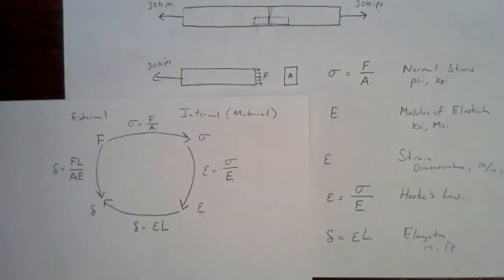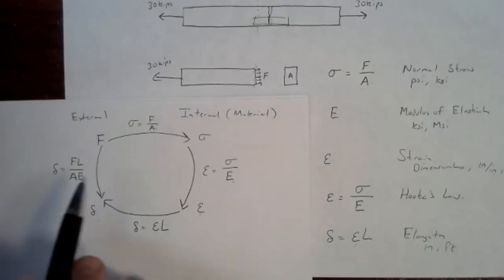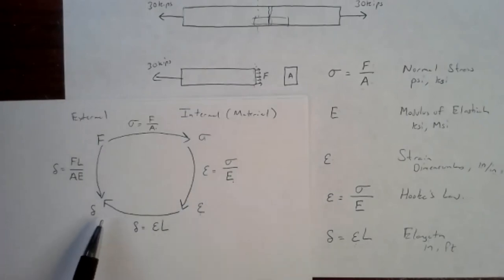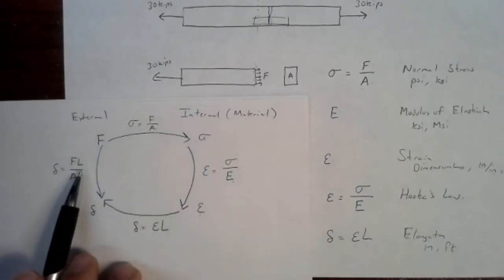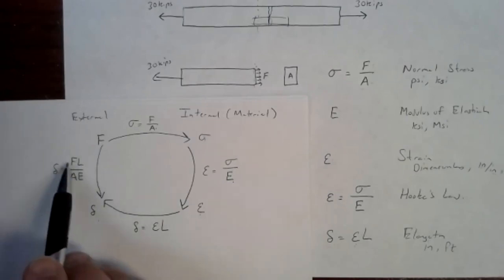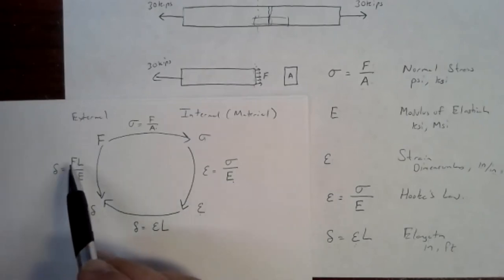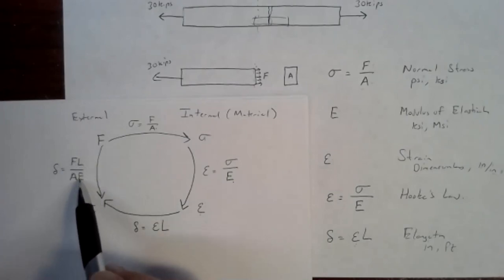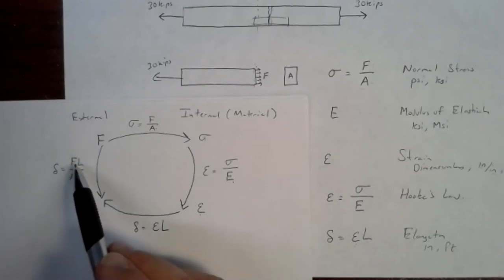And if you look at what you've got here, and I'll leave that as a challenge to you to work out the algebra on that and prove that if you plug all these equations together going the long way around the loop, you end up with that same equation going the short way. FL over AE takes our force, which is our externally applied load, and it multiplies it by properties of the beam.